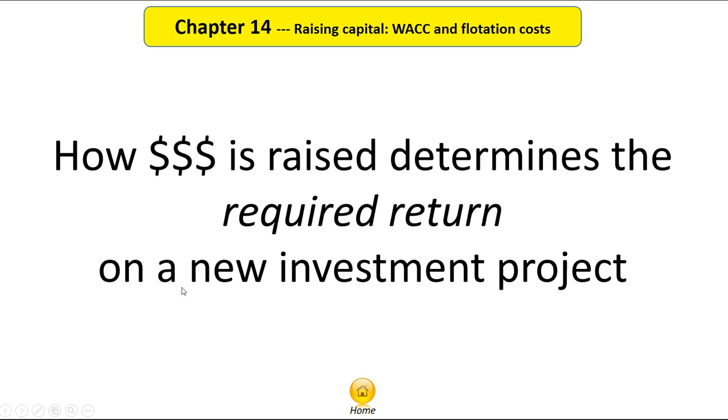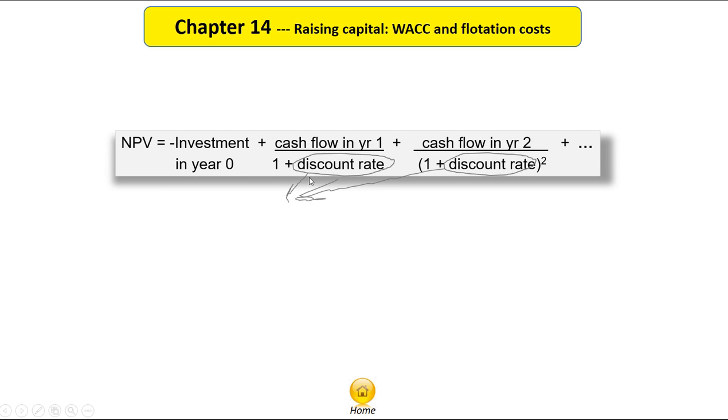Chapter 14 basically says that the required return on a new investment project is determined by how the money for this investment project is raised, where the money is coming from. So the discount rate, which is the focus of Chapter 14, is typically calculated by the weighted average cost of capital formula, which I already reviewed earlier.